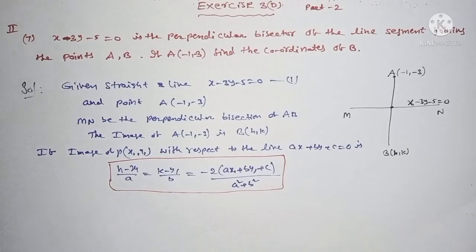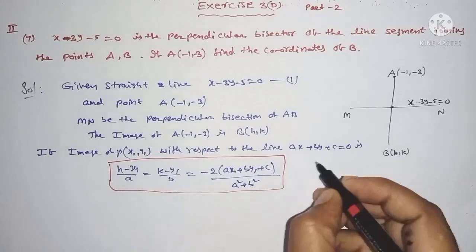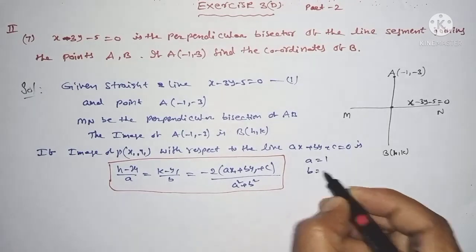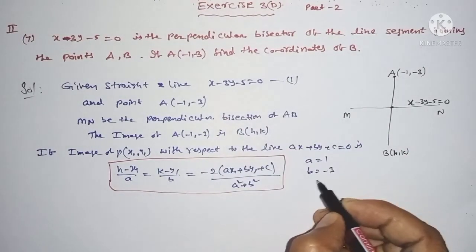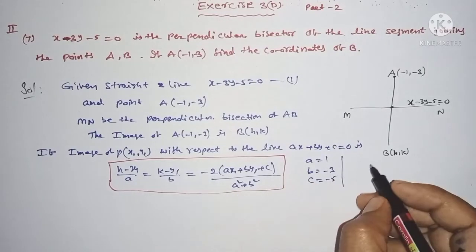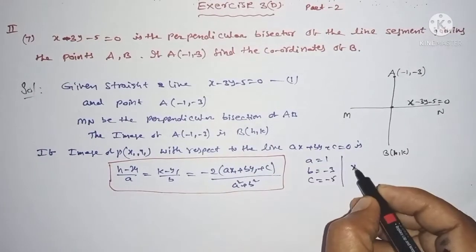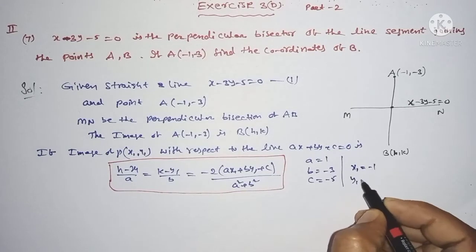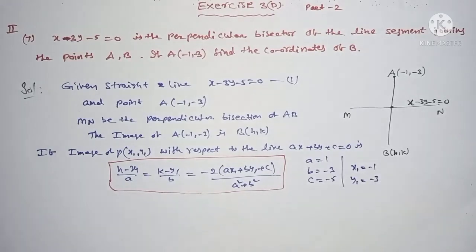Observe here: a is equal to 1, b is equal to minus 3, c is equal to minus 5, and the point is x1 equal to minus 1, y1 equal to minus 3.